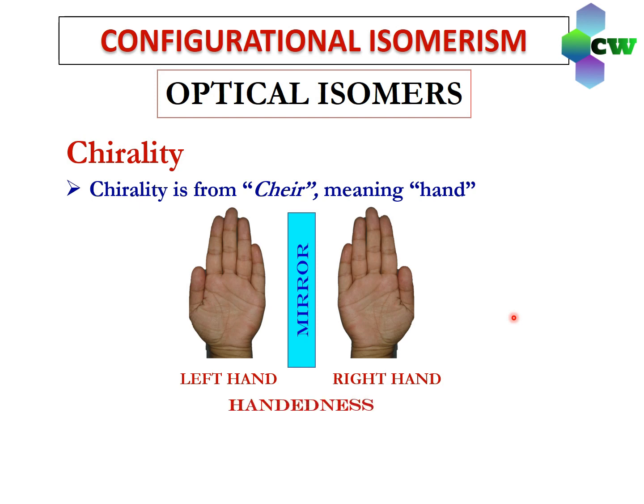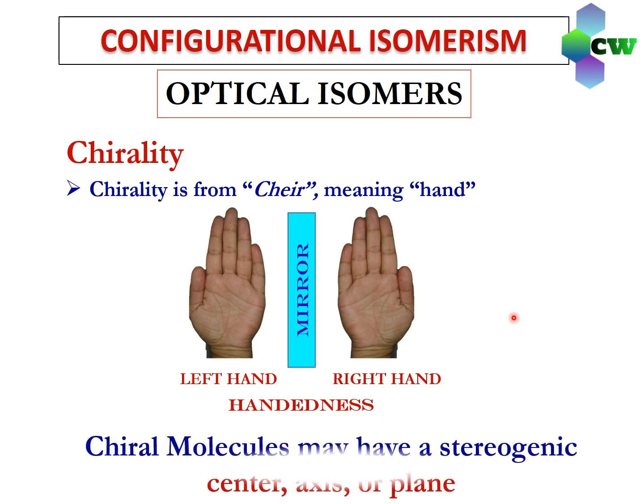this property is known as handedness. Organic molecules, not all of them, but some of them do possess this property of handedness, or in other words, chirality. These molecules which have this property of handedness are known as chiral molecules.